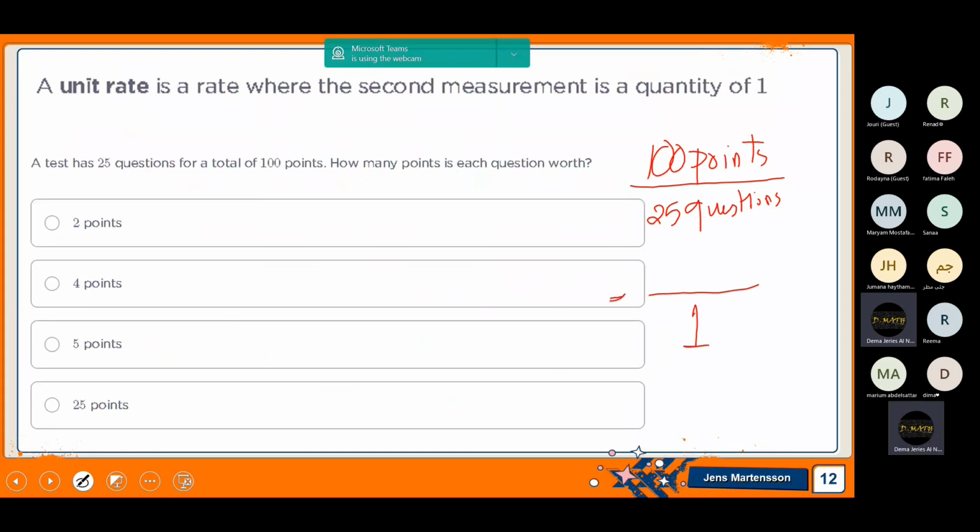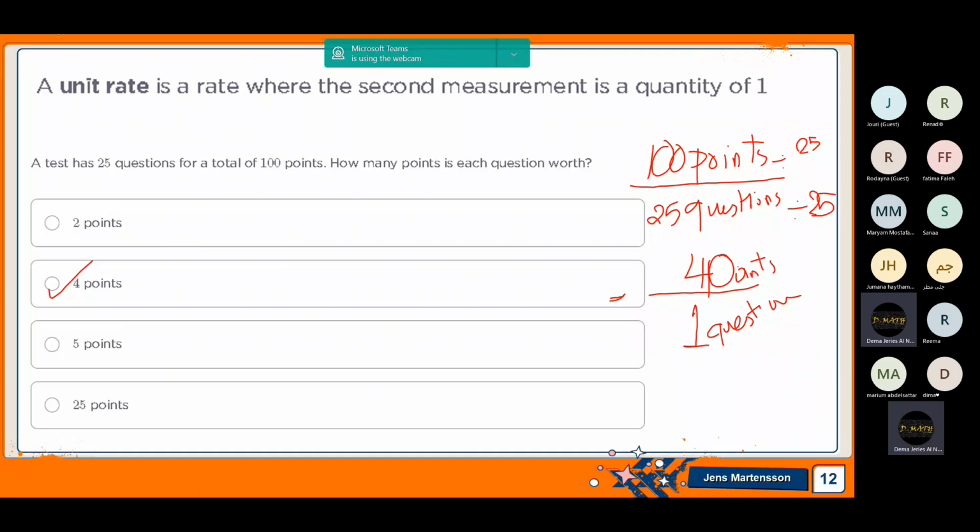How do you make 25 into 1? We will divide by what? 25. And if you divide the denominator, you will divide the numerator. 100 divided by 25 is? 4. So that means 4 points per one question. So how many points is each question worth? 2, 4, 5, or 25? It's 4.